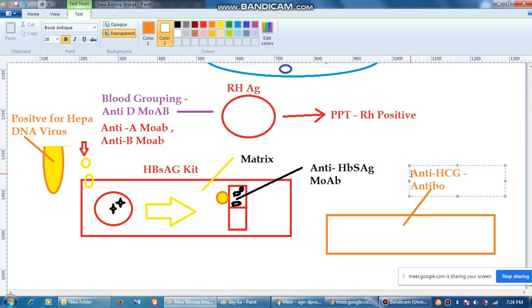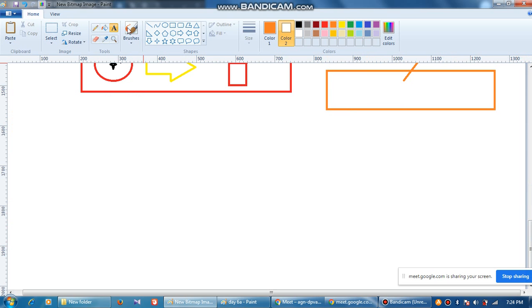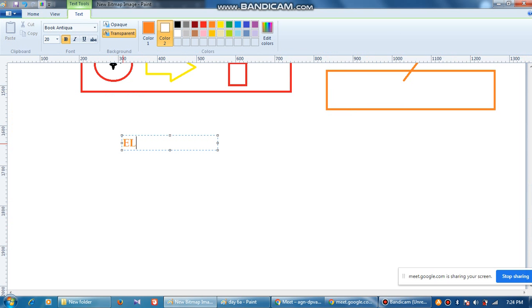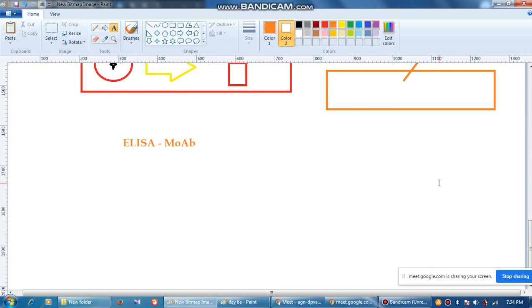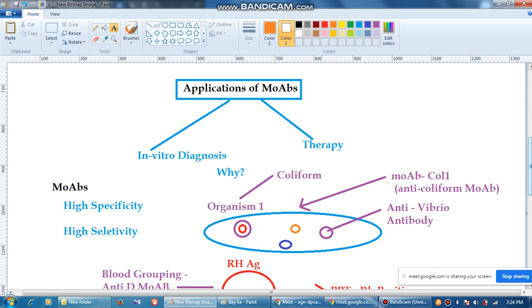So what exactly happens? Wherever you have a monoclonal antibody, you can identify a specific antigen if it is present. For example, in ELISA, I'll come to those points specifically later on. In ELISA also we use monoclonal antibody. This whole exercise is of in vitro diagnostic tests where you are using monoclonal antibodies.